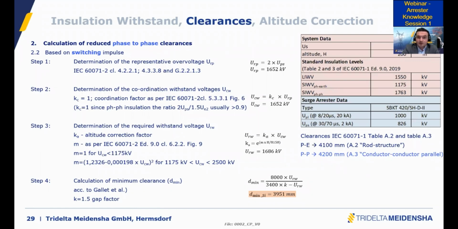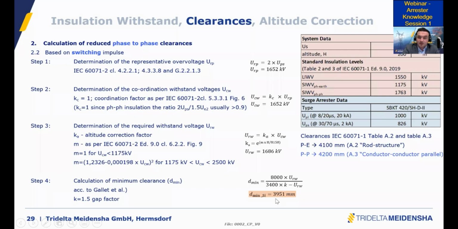Let's say I'm not going to describe everything, but you can see that the recommended value is 4.1 meters for rod structure. And in that case, it's a little bit more challenging because of the opposite phase to achieve a significant improvement in comparison to 4.1 meters.